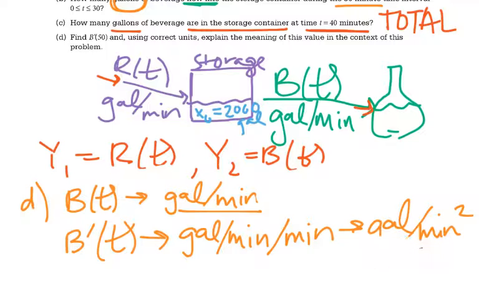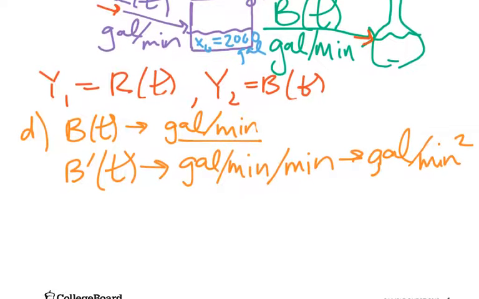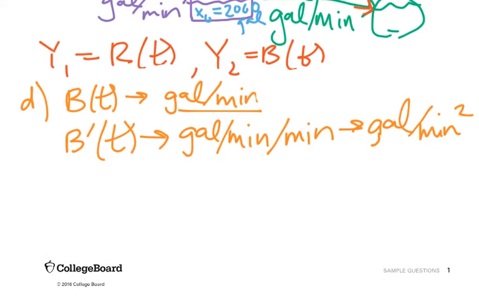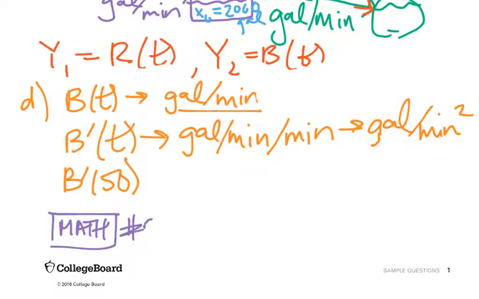Let's actually find b prime of 50 and think about what that means in the context of the problem. So again, you shouldn't do this by hand. You should use your calculator. And in order to find b prime of 50, what you're going to do is press the math button, and you're going to go to number 8. That's the nDeriv option.